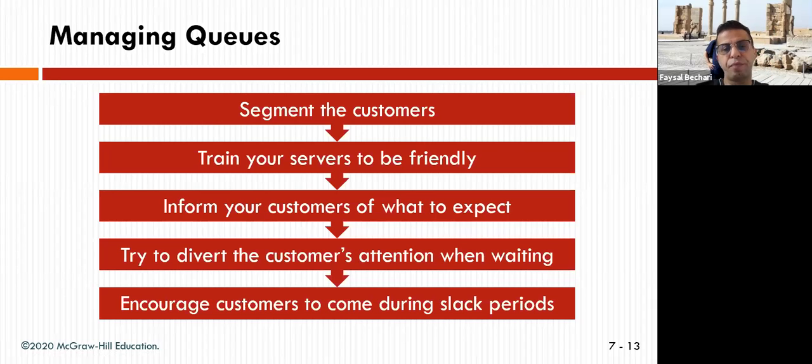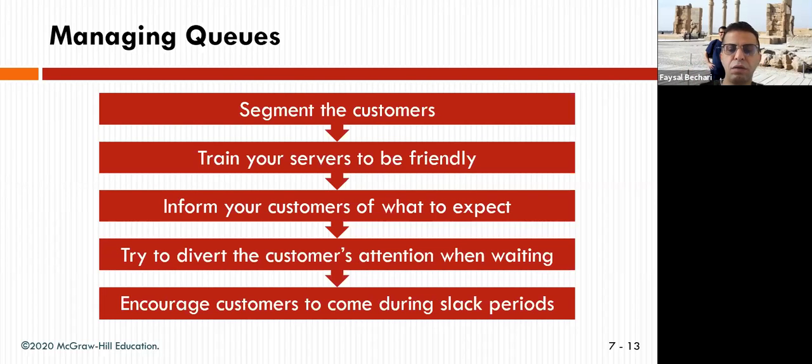Managing queues: first, you need to segment the customers, and then train your servers, the people who provide service, to be friendly. Inform your customers of what to expect, and try to divert the customers' attention while they're waiting, playing music or having a video.